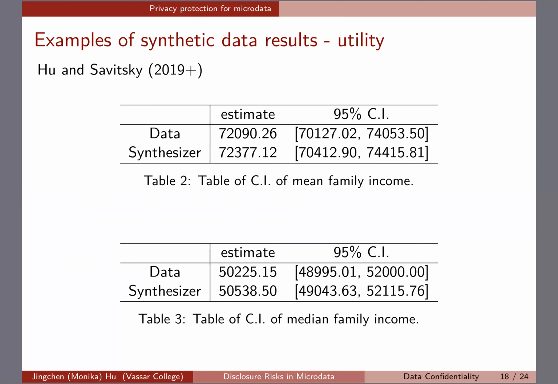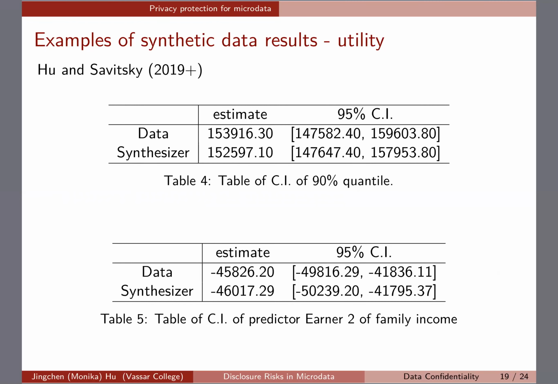Okay, so one thing you could do is, for example, this is the example that we have, trying to synthesize only the family income. And we're trying to look at, say, the mean, the median, as well as the 90th quantile. All of these estimates and the 95% credible intervals will be close to each other when you're comparing the original data against the synthesizer.